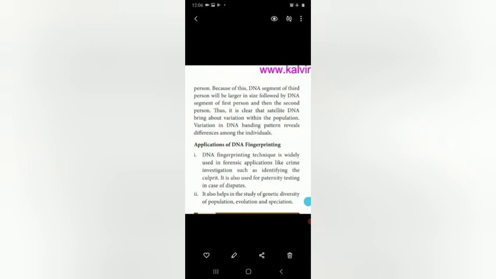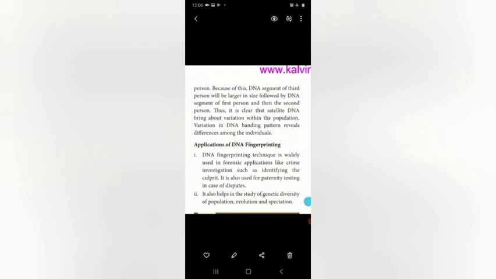When you see a cinema or a film, some murder takes place in some region or a house, and a person spreads a powdery substance on the wall, floor, table, window, like that, to identify the fingerprints of the culprit. Identifying those who have done the theft or crime is called forensic application. In that forensic application, they use the technique called DNA fingerprinting.